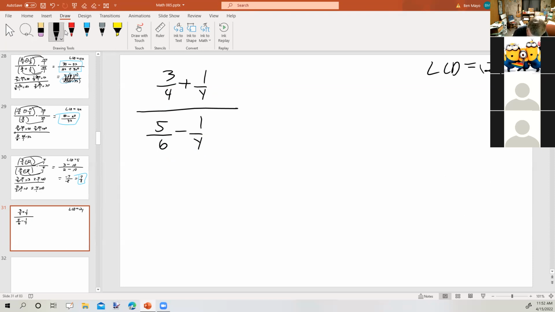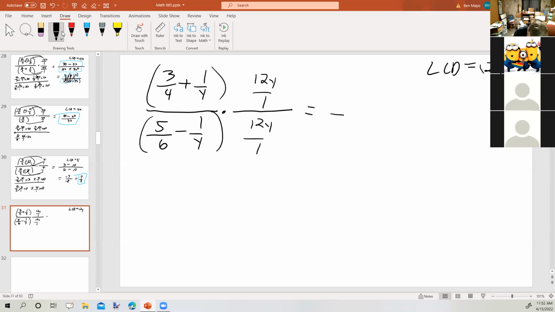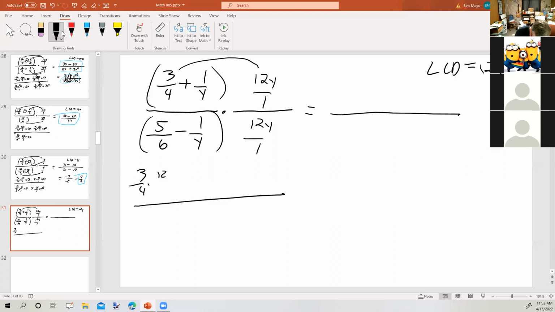Now I'm going to multiply by 12y. Let's try that again. 12y over 1, 12y over 1. So 3/4 times 12y over 1 would be 9y, because the 12 and the 4 reduce down.